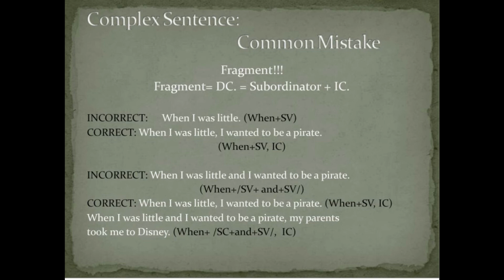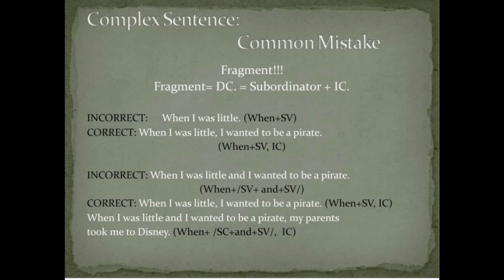Another example. When I was little and I wanted to be a pirate. Just because you put "and" between two clauses, it does not mean it's a complete sentence. You are still using only one dependent clause. You have one subordinator, when, and two independent clauses connected with "and." I was little and I wanted to be a pirate.